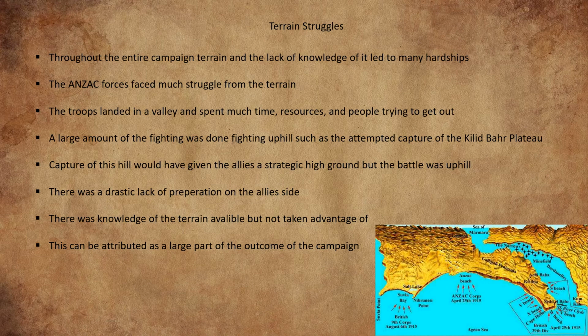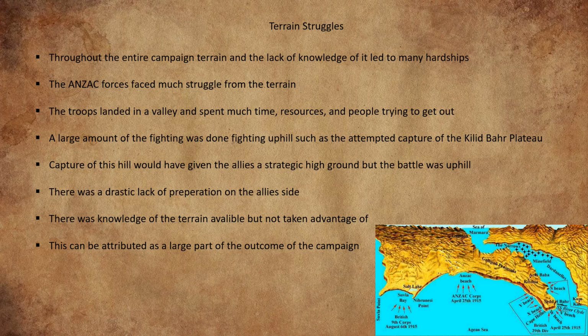There were maps made and knowledge of these fortifications that were made prior in the past that the Allied forces never took advantage of because they were underestimating the Ottoman Empire's troops after their very bad loss in the Balkan War and their complete overhaul of their military.